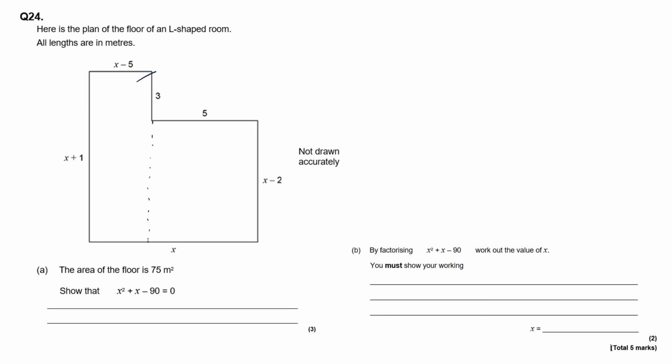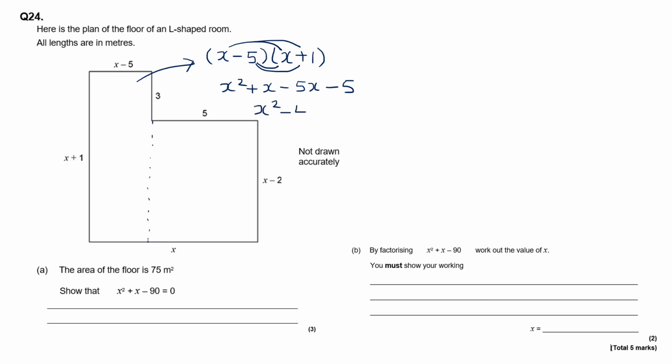So this bit here, area is x minus 5 times x plus 1. That is x squared plus x minus 5x minus 5, which simplifies down to this when I collect the like terms.